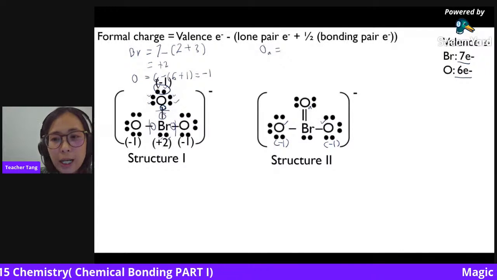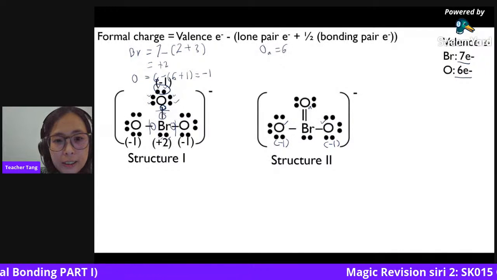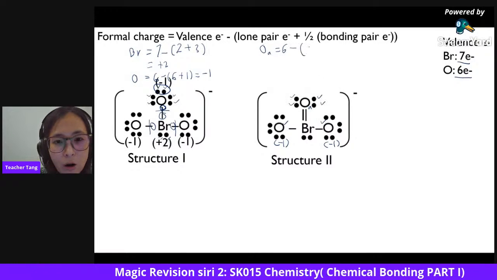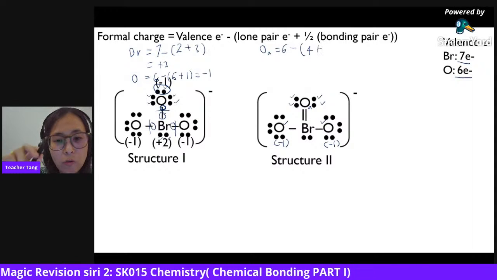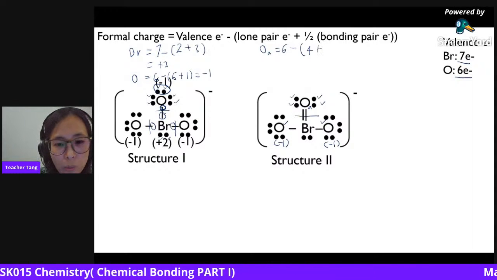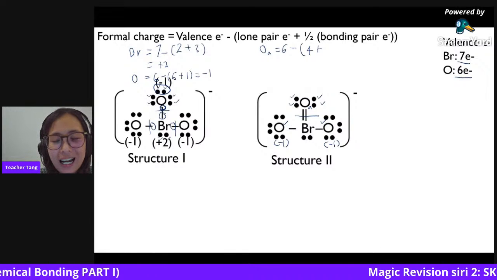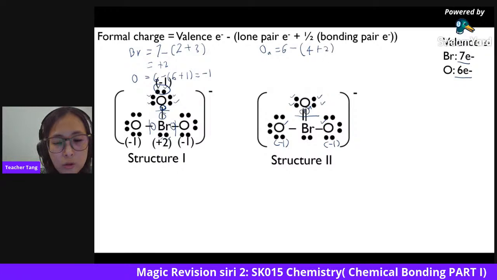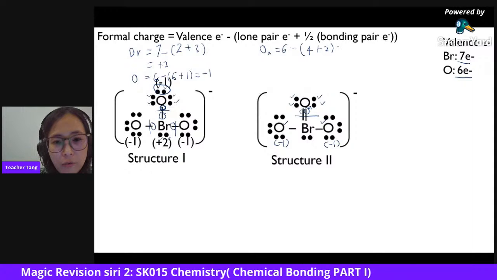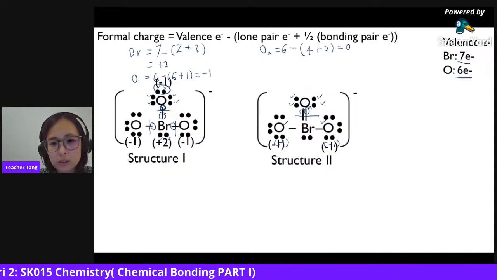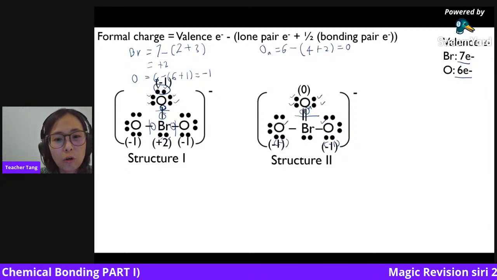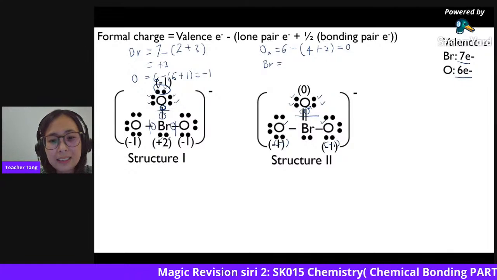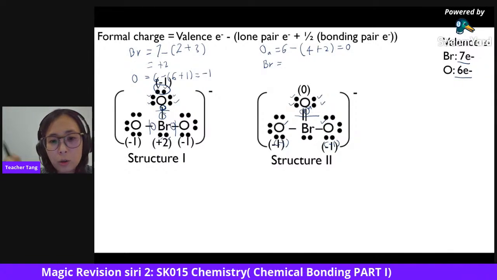For oxygen A, the valence electron is 6. The lone pair electrons are 1, 2, 3, 4, so minus 4, plus half the bonding pair electrons. Again, we cut the bonding pair electrons in half and only count the electrons that belong to the oxygen, which is 1, 2. So 2, giving the formal charge for oxygen A equal to 0. For bromine, we need to recalculate as well because it is now involved in the double bond.